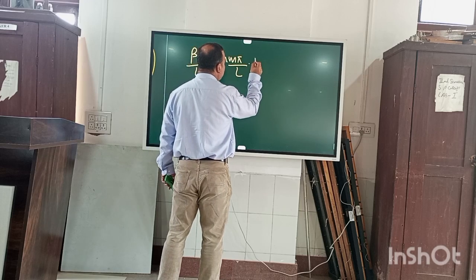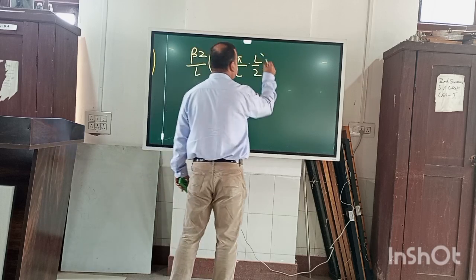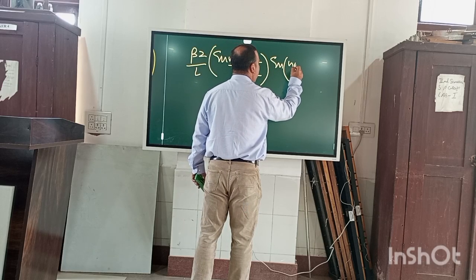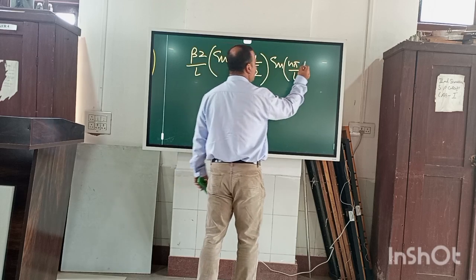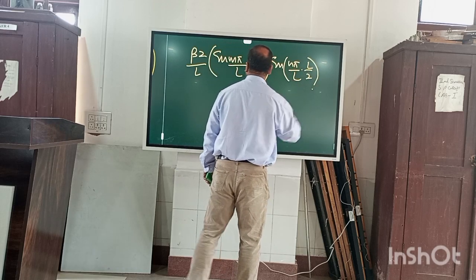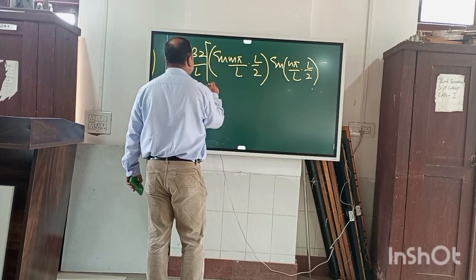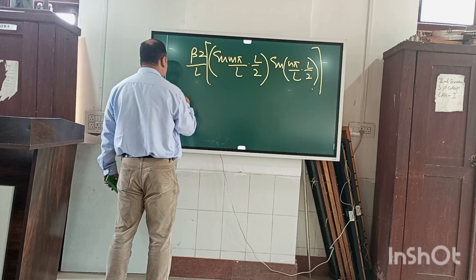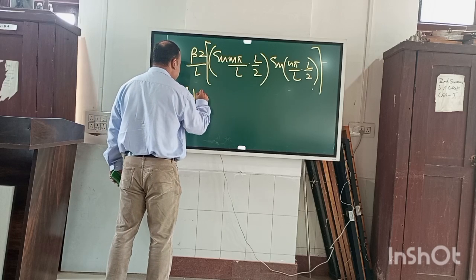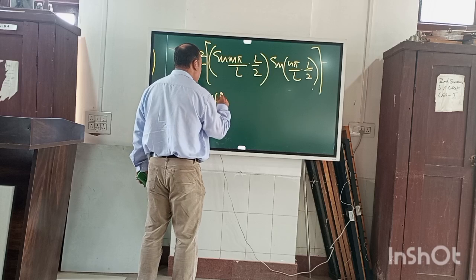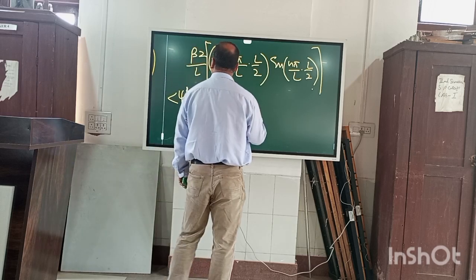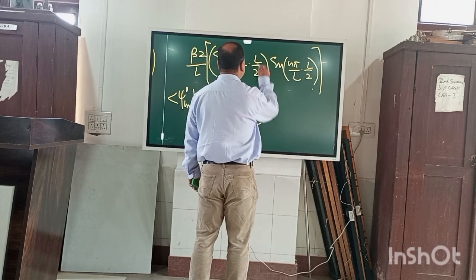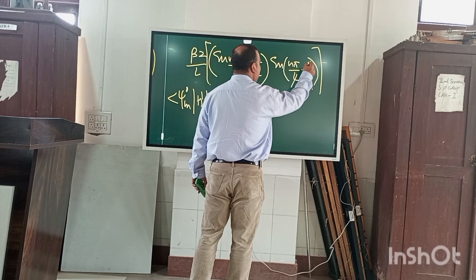For x, I will be using L by 2, and the other term will be sine of n pi by L. For x, I'll be using L by 2. So this is going to give us the value of this integral. So I can say that the expectation of psi m naught, H prime, psi n naught will be equal to 2 beta by L, and this L and L will cancel.